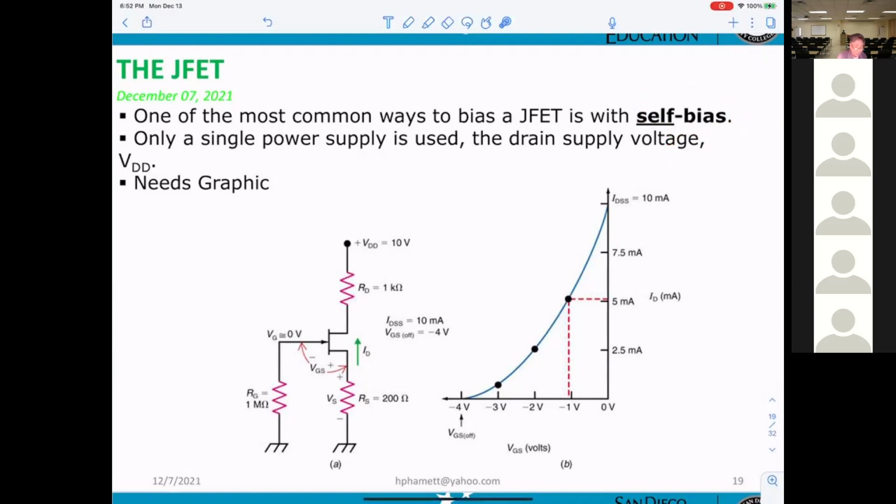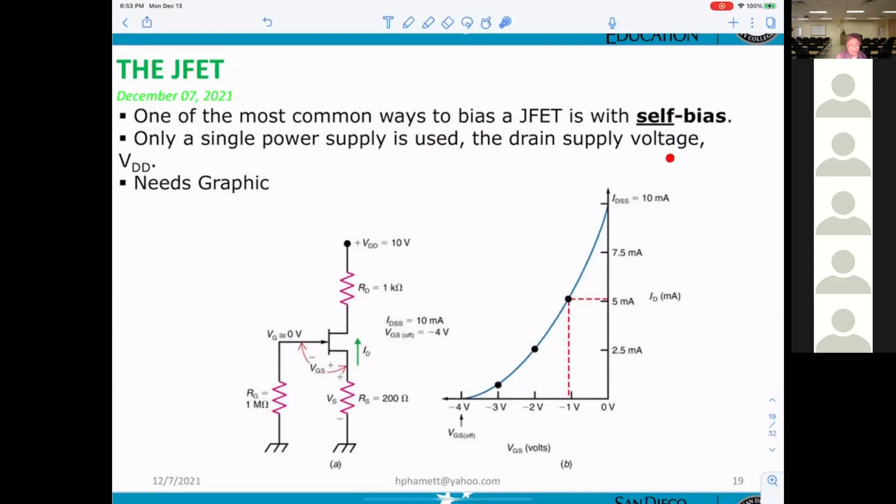One of the most common ways to bias the FET is self bias, with only a single power supply yielding the drain supply voltage, VDD.